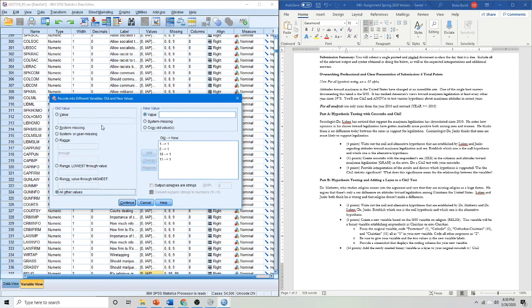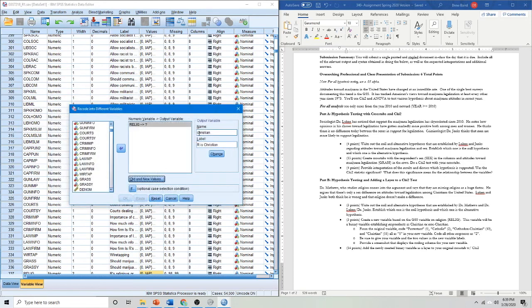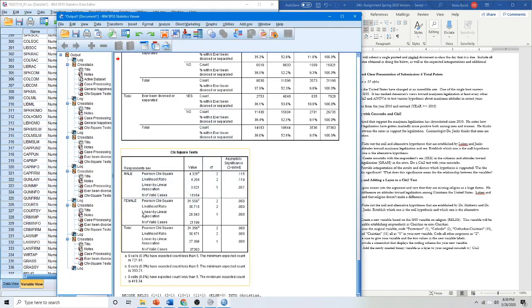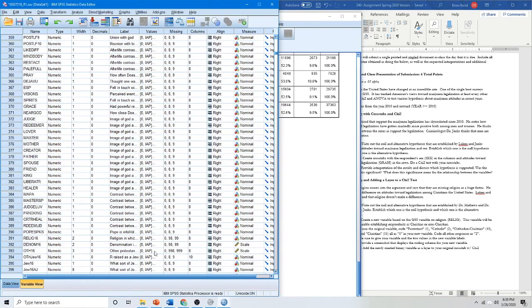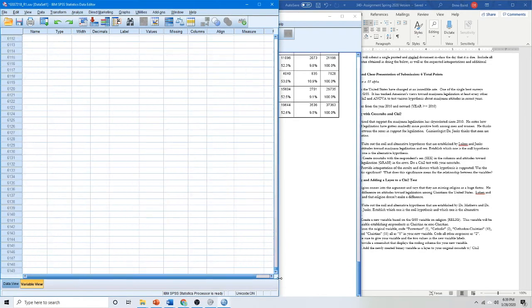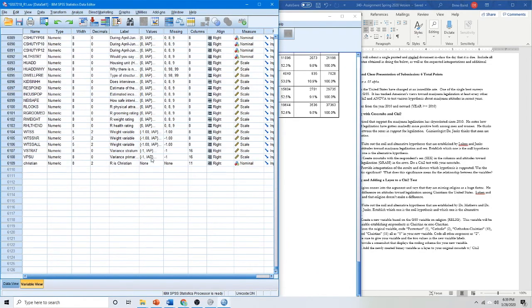Then the easiest thing to do is to make all other values in the religion variable 0. Those are those who are counted as non-Christian. So hit change. You've got your old and new variables. Done. The next thing you naturally want to do is change your value labels.